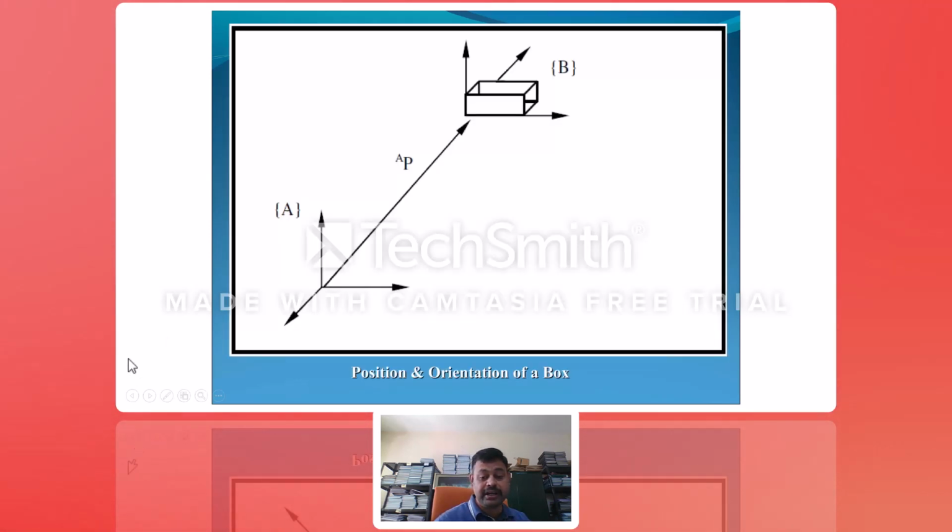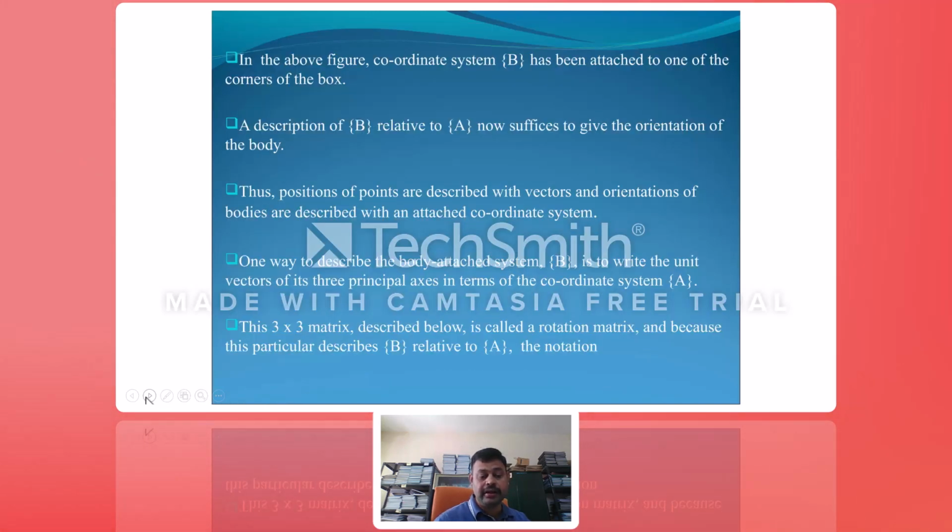So if you make a reference system to represent position and orientation together, here you look at that. You have XYZ here, and you have XYZ here. Here A is the initial position, so AP is the vector, moving from point A to B. This is the way we have to represent it.